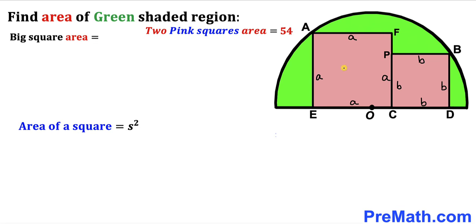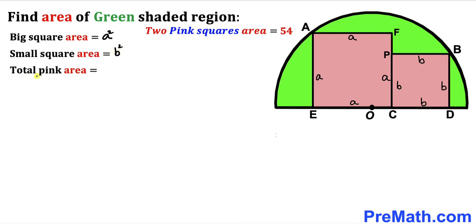Therefore, the area of this big pink square is going to be a squared. And likewise, the area of this small pink square is going to be b squared. So this total pink square area is going to be a squared plus b squared.